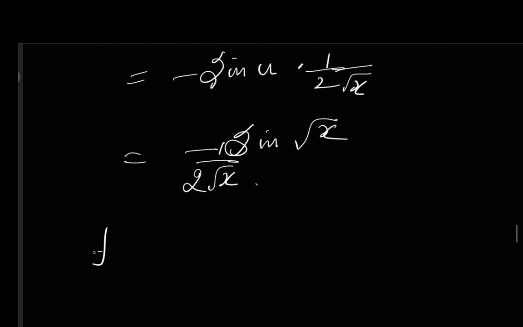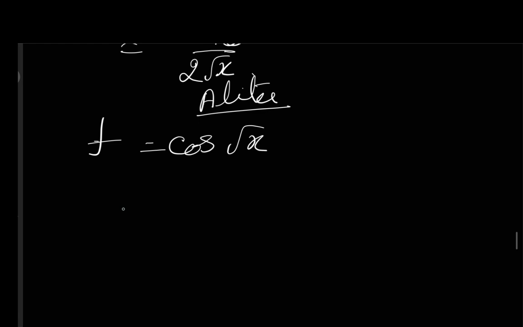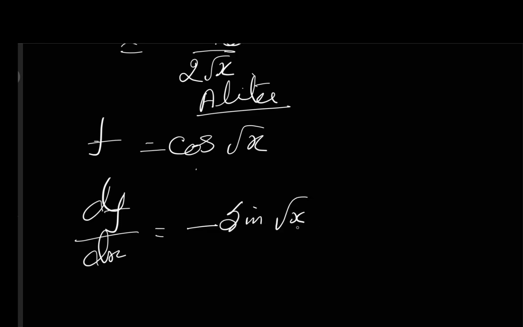Just let me give you the other method also, the shorter method. F is equal to the given cos root x. Directly you can do df by dx is equal to the cos function, first you differentiate, minus sine root x. Then root x you have to differentiate. First you differentiate the function and then differentiate root x.